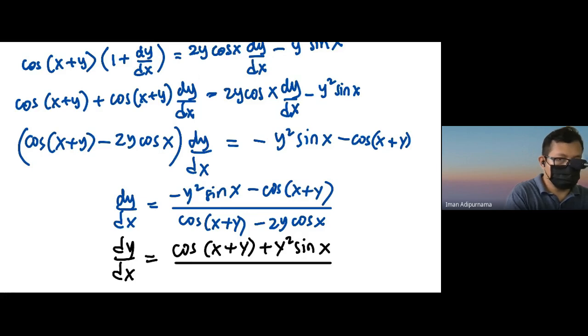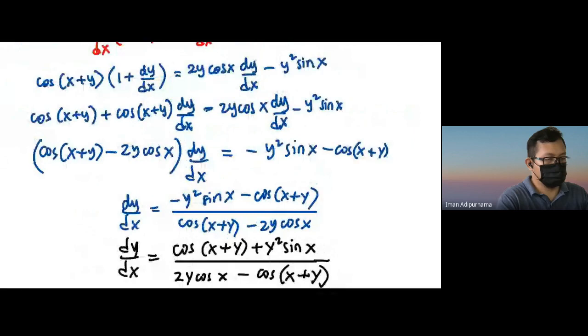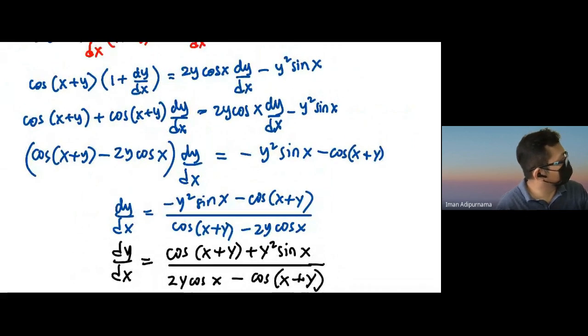So multiply all by negative. This will be 2y cos x minus cos x plus y. Yeah, quite long and a little bit complex.